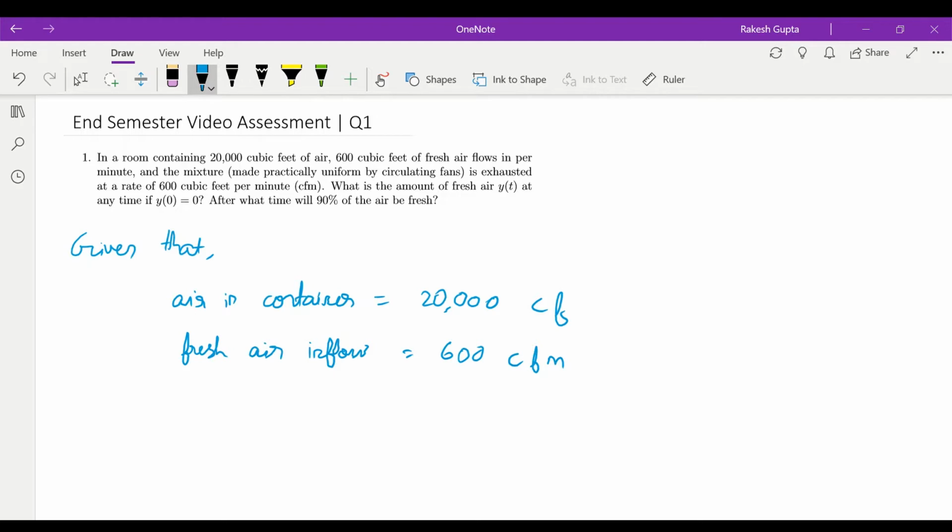When the air goes outside the container, it is not all fresh. It is a mix of fresh air and the other air which is present. So I'm just going to write the mixed air outflow rate is given as 600 cubic feet per minute.